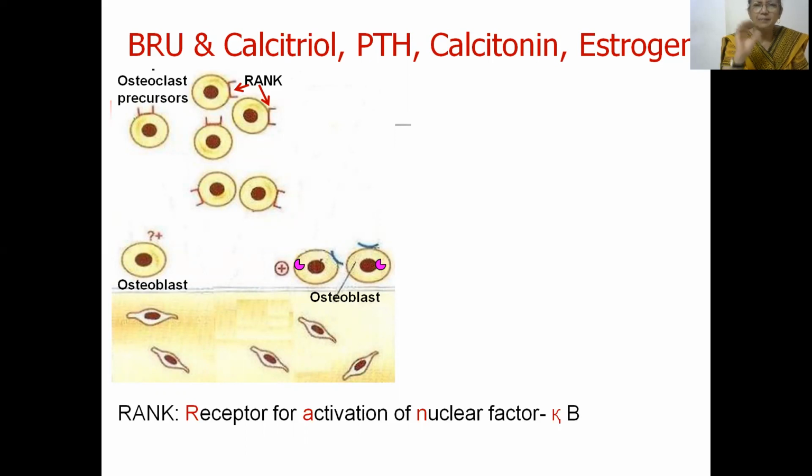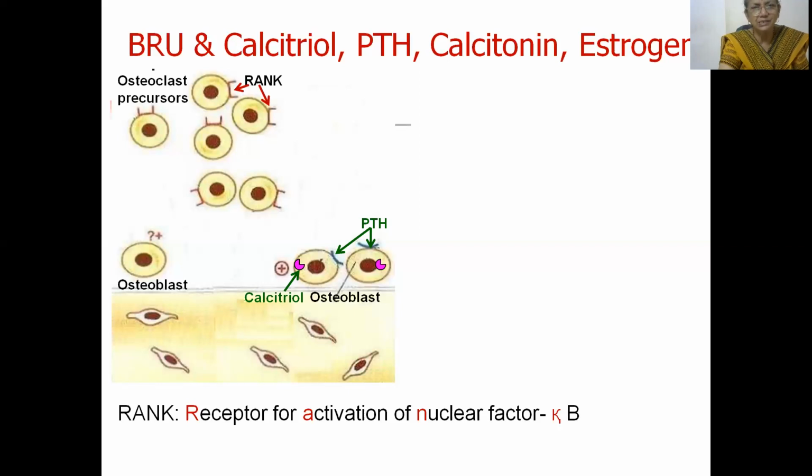Just remember there are receptors on the surface of the osteoclast precursors which are involved in activation of these precursors into functional osteoclasts. Osteoblasts also have cell surface receptors for parathormone and intracellular receptors for calcitriol. The vitamin D receptors, VDR, are inside the osteoblast, inside the cytoplasm.